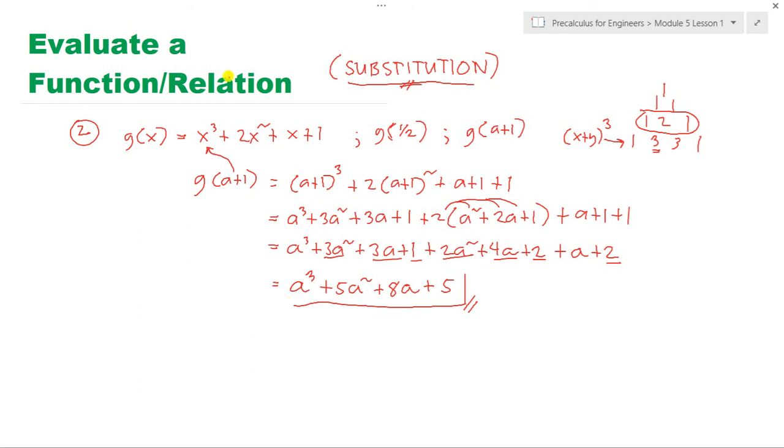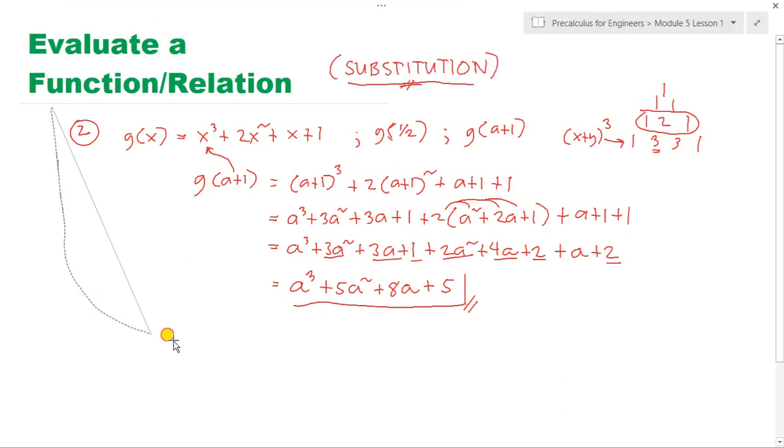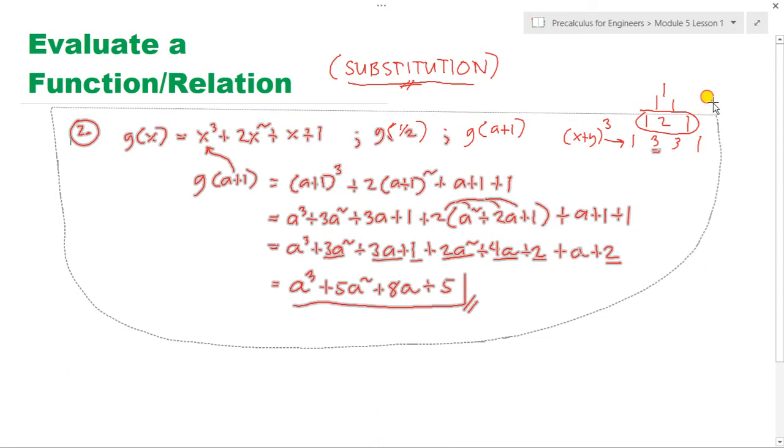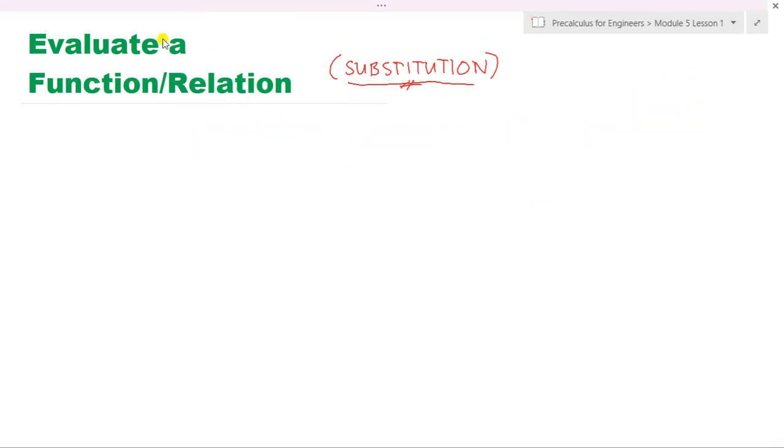So, let's go to our next example. Since from our first and second examples in evaluating a function or a relation, mostly the given is the domain, or the value of our x. Let's try the opposite one. Let's say you are going to solve the value of our domain.